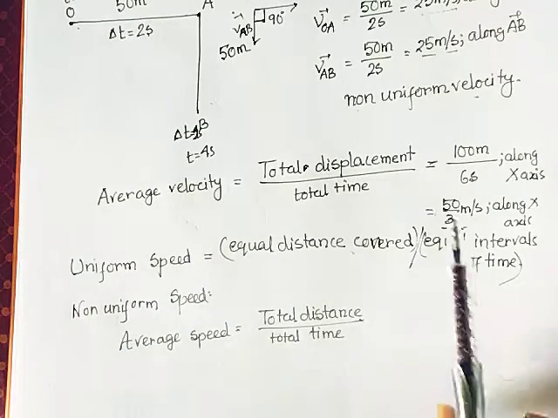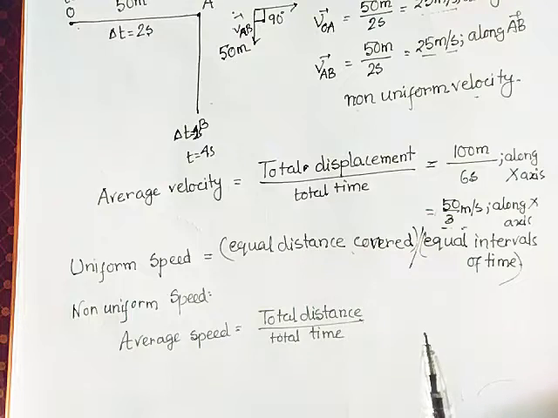And the instantaneous velocity that I am talking about, at each and every point, if I take the instantaneous velocity or instantaneous speed, all of these calculations are based on it. If the instantaneous speed is continuously changing, then it will be non-uniform speed or non-uniform velocity. The instantaneous quantity is very important here.